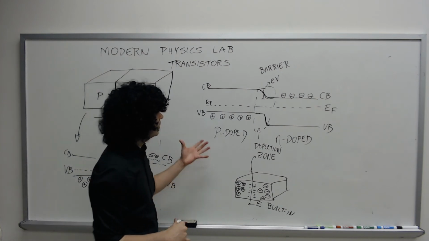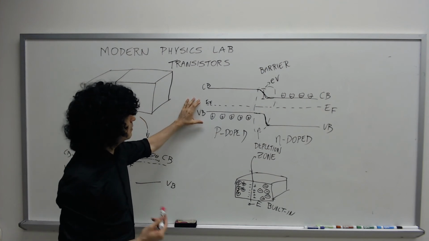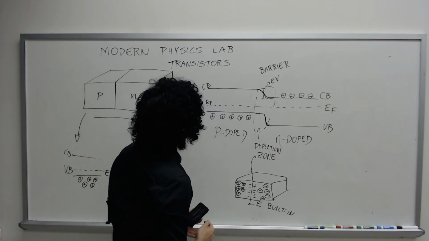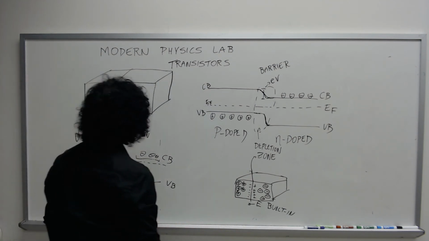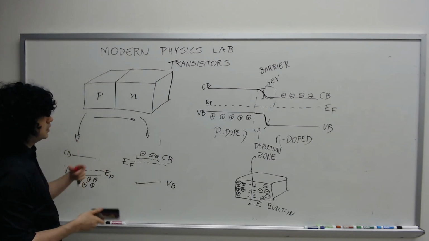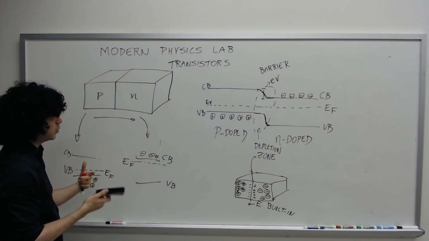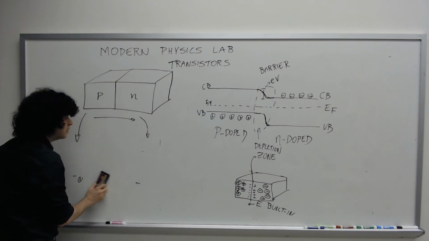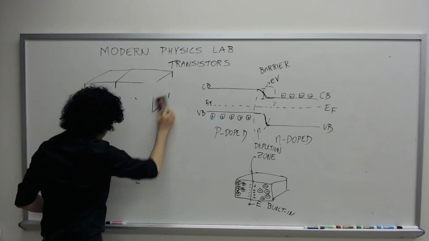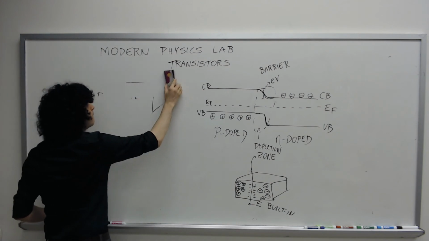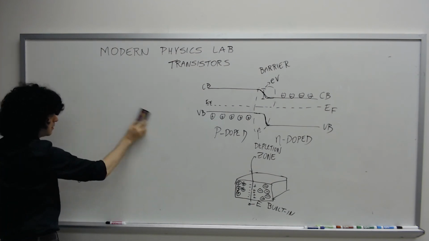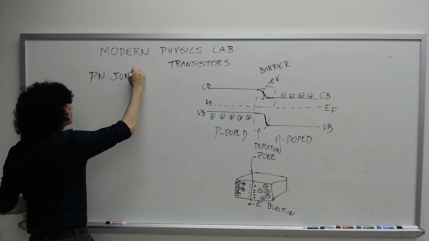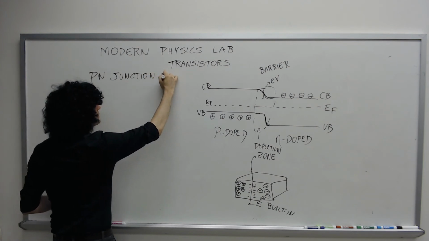All right, now we can inject charges in this device in order to be able to control charges in this device called the PN junction diode. So this is the PN junction diode.